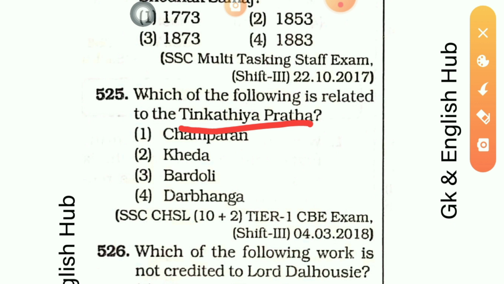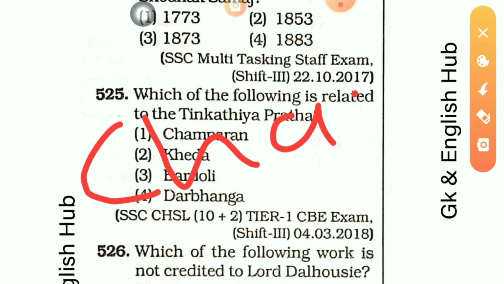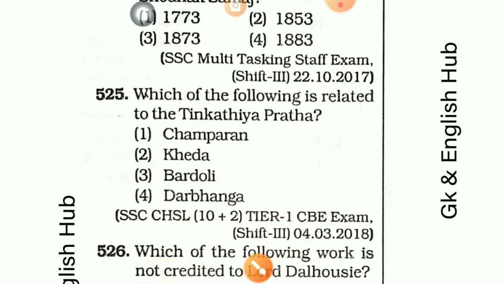So this Tin Kathiya was the system under which the native peasants of Champaran, remember it, okay, Champaran, that is in Bihar, were forced by European planters to cultivate indigo on 3/20th.